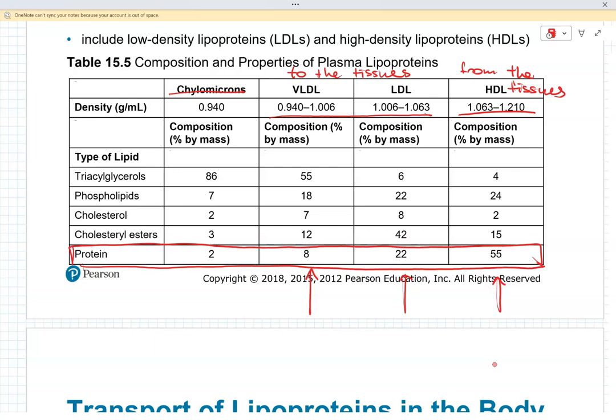So the more fat your tissues can use as a source of energy, the less low density lipoproteins you're going to have because they're all going to be used, and the more high density lipoproteins you're going to have. Am I making sense?